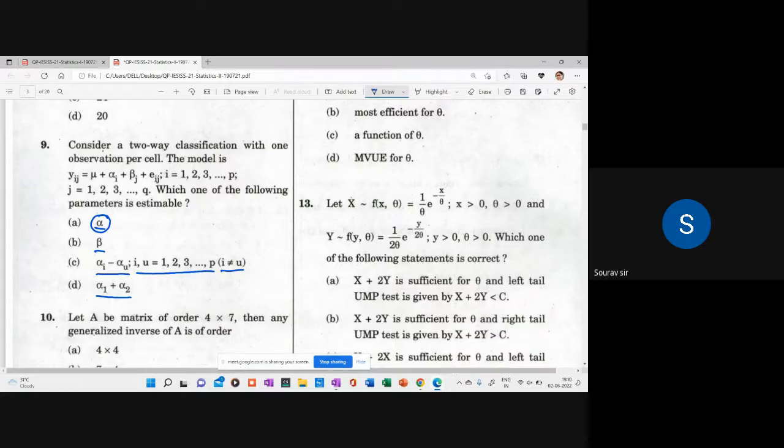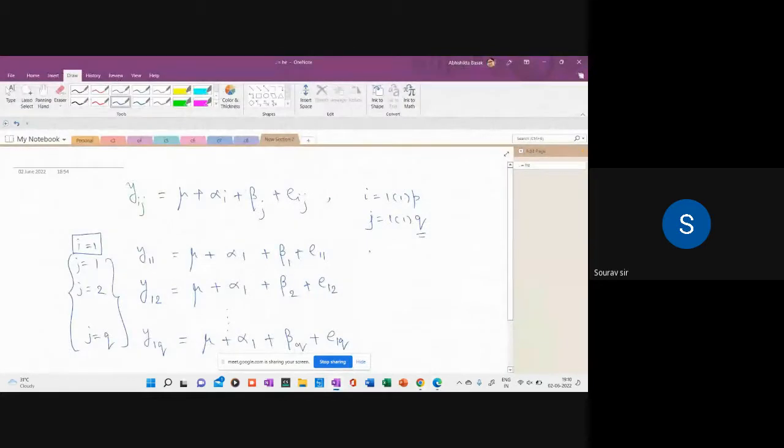So if I go by the options, alpha alone is impossible to estimate as it is not present. If I am considering a two-way model, my first null hypothesis, if you can remember, is alpha 1 equals alpha 2 equals alpha p equals alpha. Only if my null hypothesis is true can I take this to be alpha.